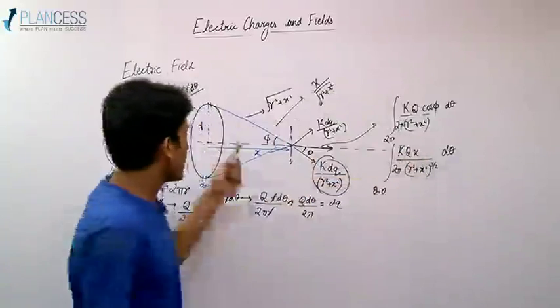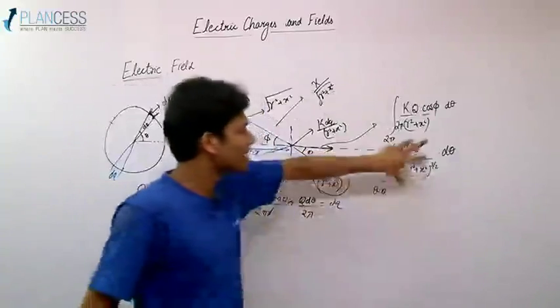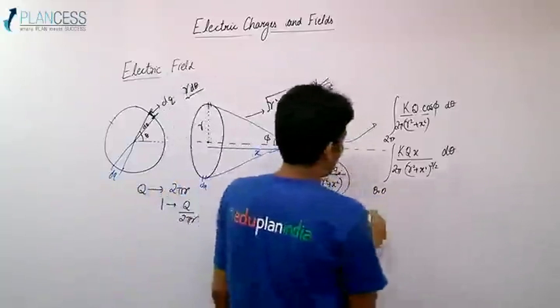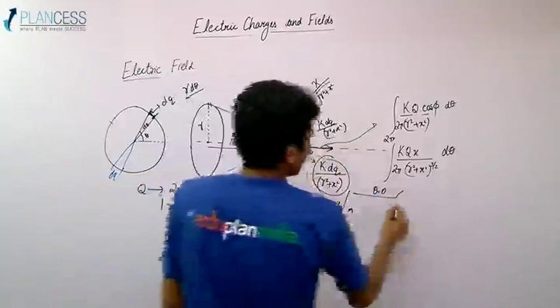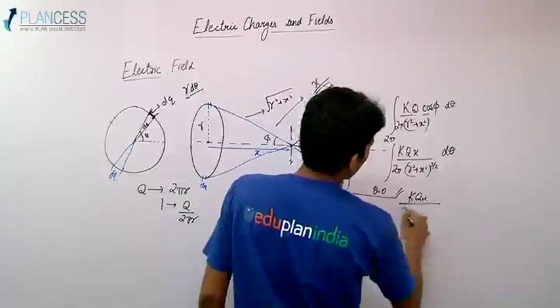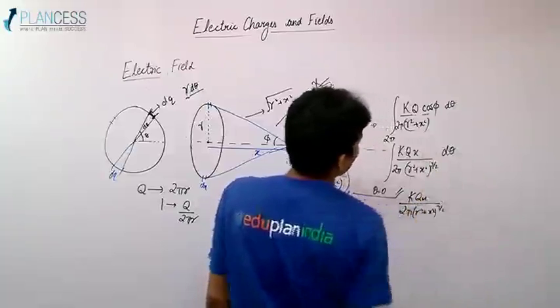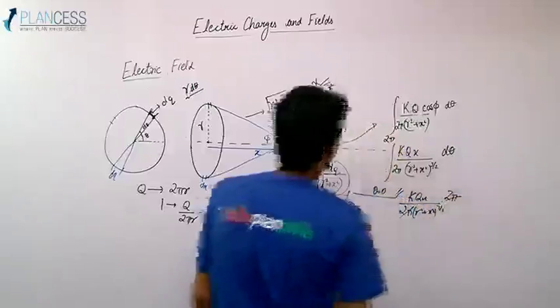Now we know that every term in this integration is independent of theta, so it can be taken out. So this formula can be written as k q x upon 2 pi (r square plus x square) whole to the power 3 by 2, into the integral of d theta from 0 to 2 pi, which would come out to be 2 pi. So 2 pi gets cancelled out.